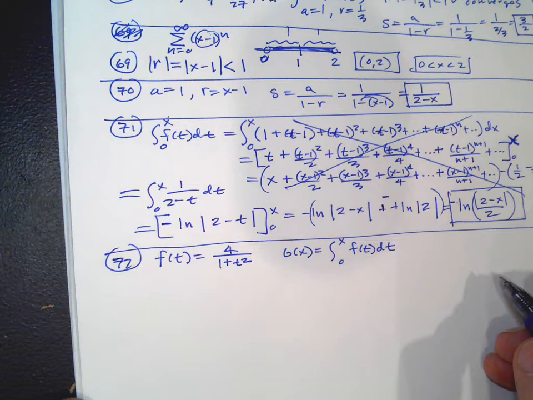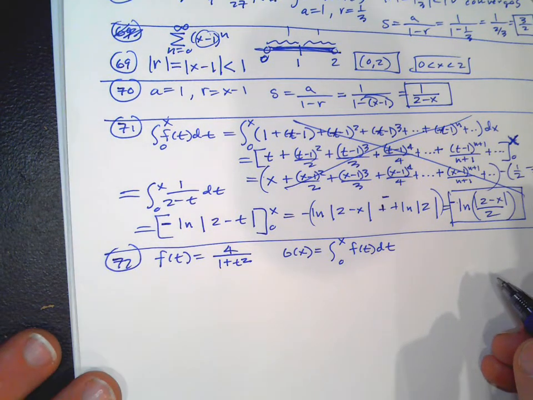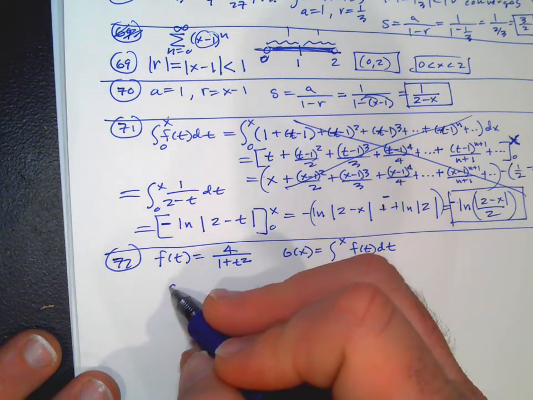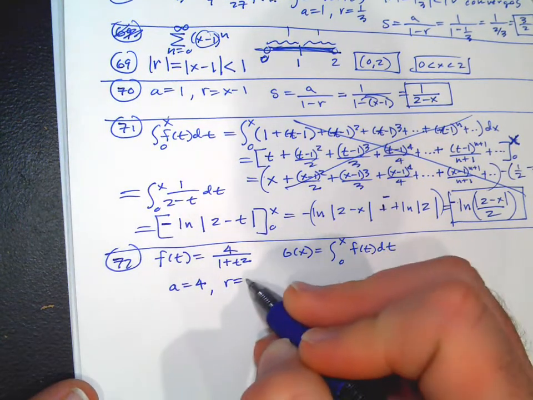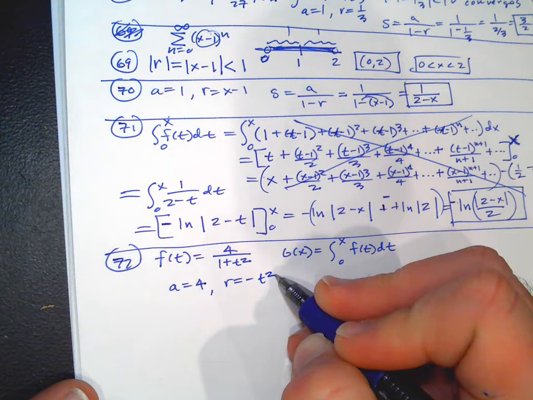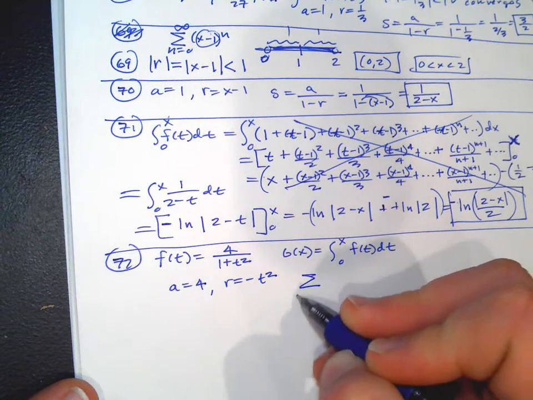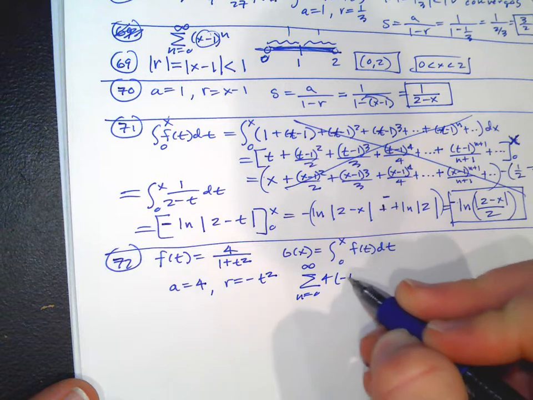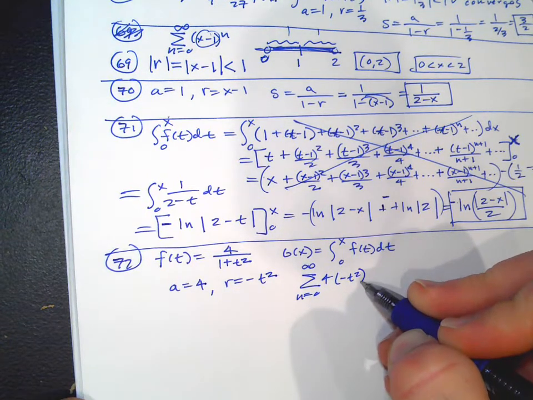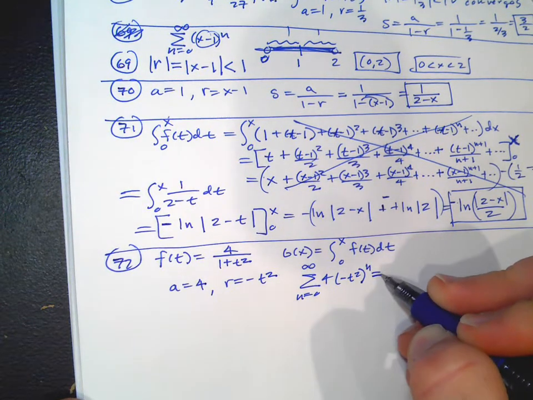Well, we got two approaches. One is the approach that we've been doing: a equals 4, r equals negative t squared. The closed form, n equals 0 to infinity, is 4 times negative t squared to the n power.